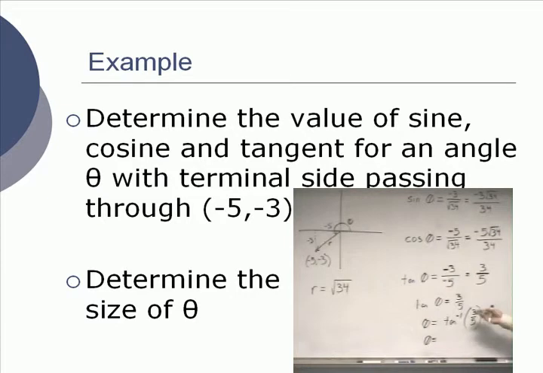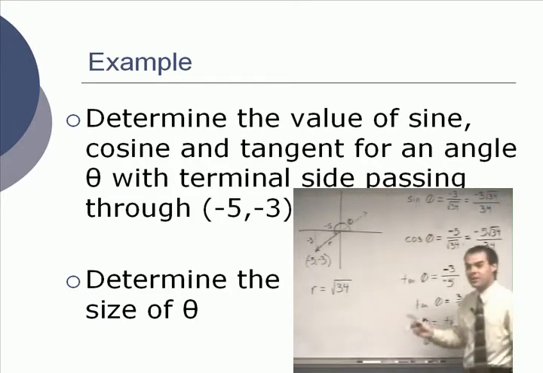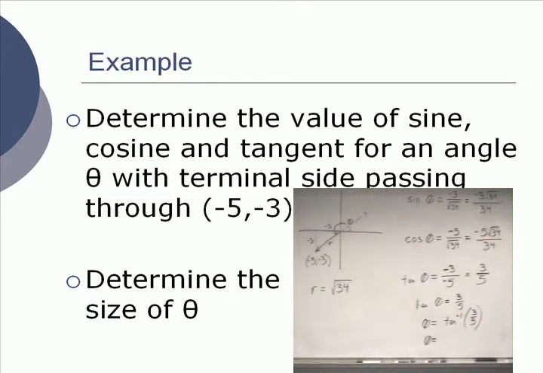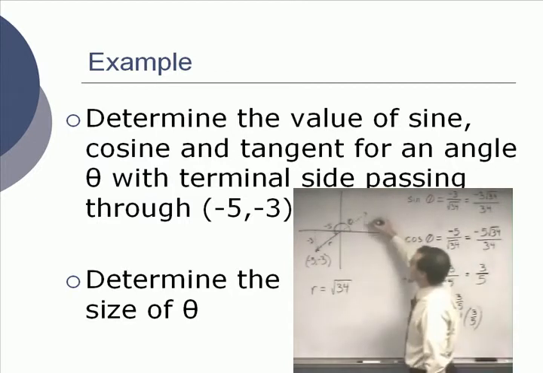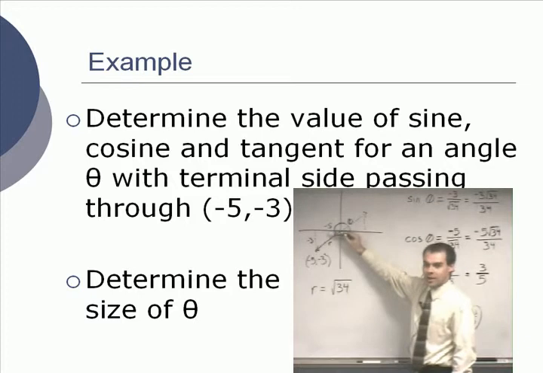Your calculator doesn't know which quadrant you're in. It doesn't know that the negative side canceled out. So when you ask your calculator what angle has a tangent of 3/5, it assumes you're in the first quadrant. It assumes that you're up here. So what do you need to do to find your angle? Your calculator told you the reference angle.